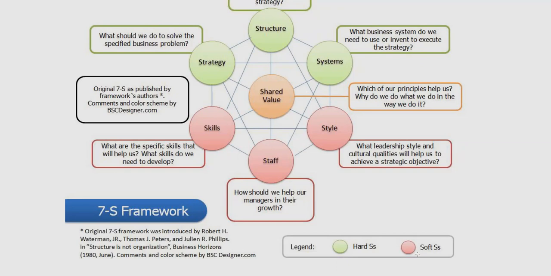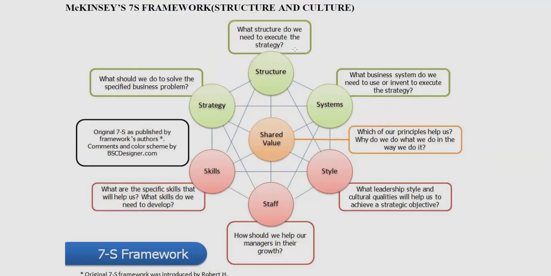The soft ones. So you see that we have depicted the green ones as the hard S's and the soft S's as the other ones, with the shared values in the middle, which is like the paradigm. Also, so we start with structure. What structure do we need to execute the particular strategy? Then we come to strategy. What should we do to solve the specific business problem in question?